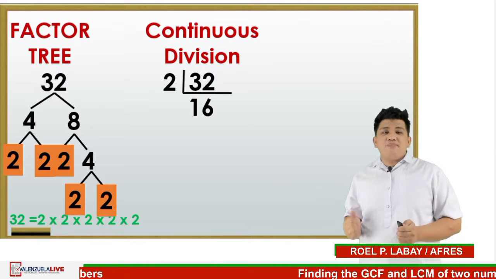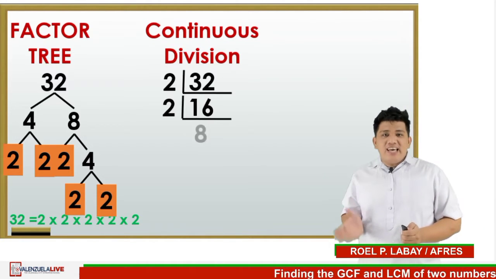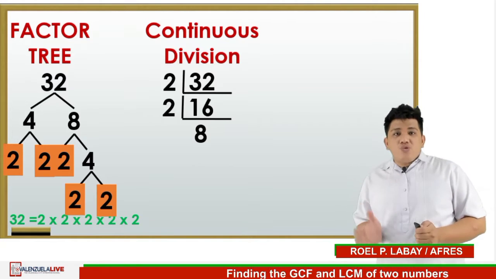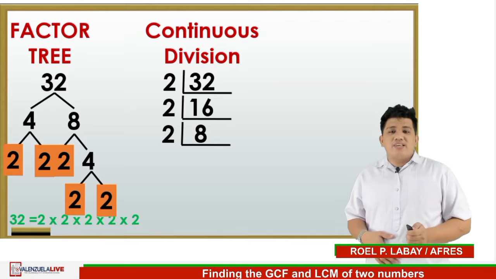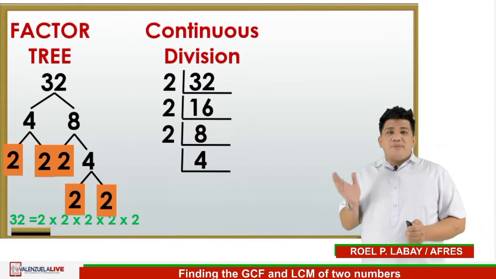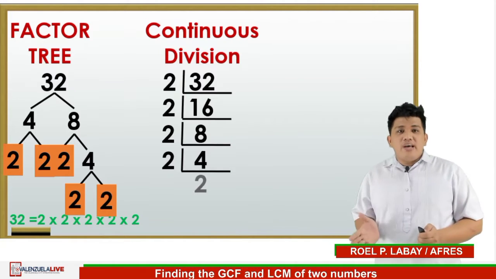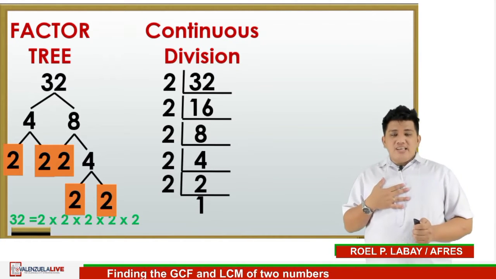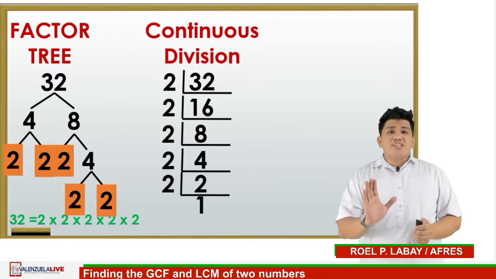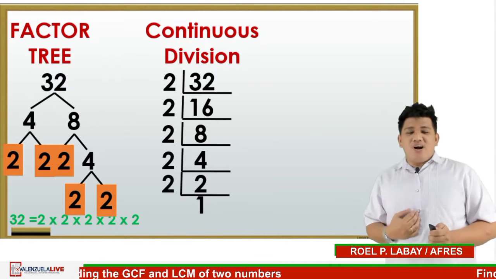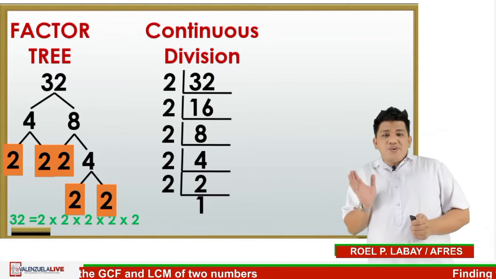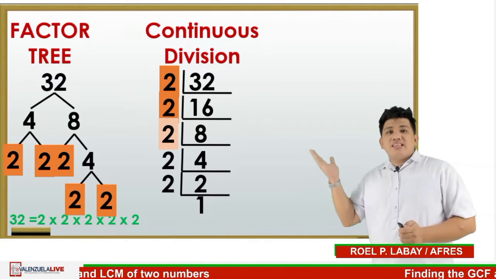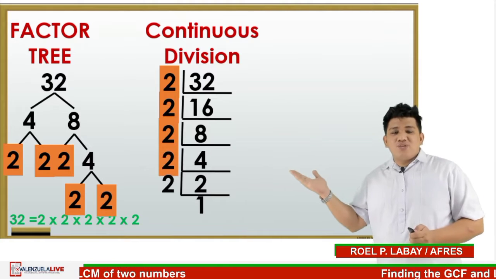We can divide 16 by 2 and the quotient is 8. 8 still has a prime factor, so let's divide 8 by 2 and the quotient is 4. Again, 4 divided by 2 is equal to 2 and 2 divided by 2 is equal to 1. Now, we will stop the division because the quotient now is 1. Therefore, the prime factors of 32 are 2 times 2 times 2 times 2 times 2.